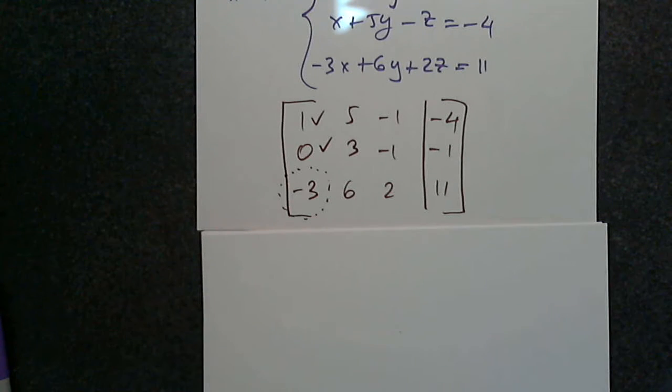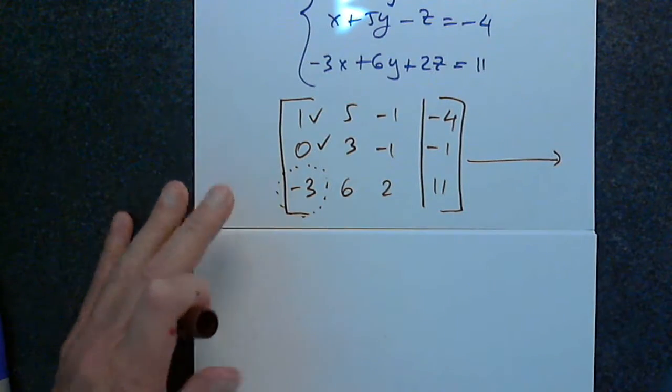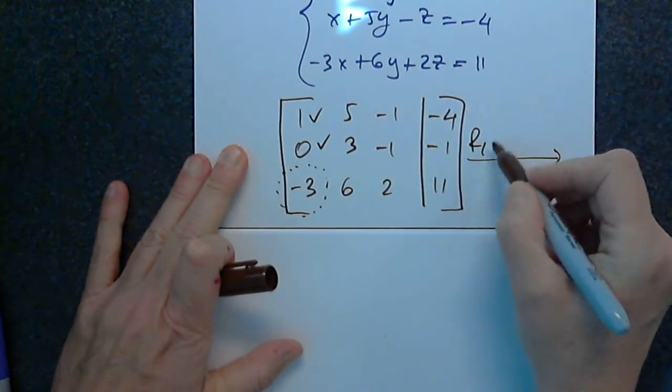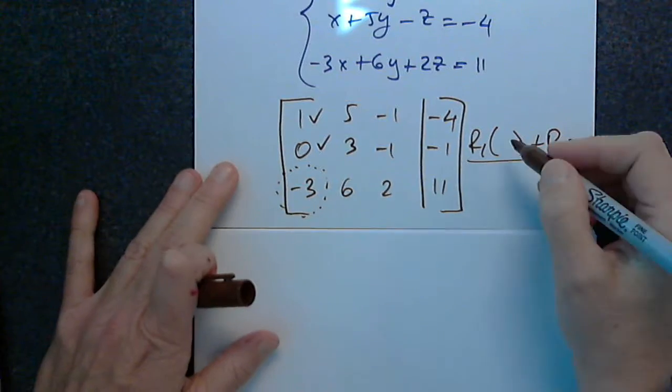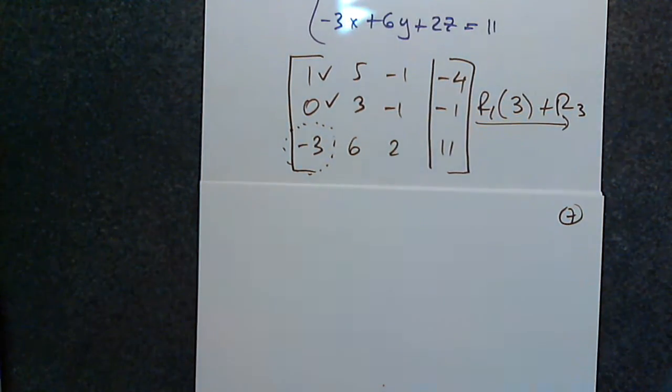Okay, so which row do I multiply and by what to eliminate that negative 3? I multiply which row? Yes, of course. Row 1 by to add it to row 3. By 3 indeed. Okay, perfect. So let's write this together.